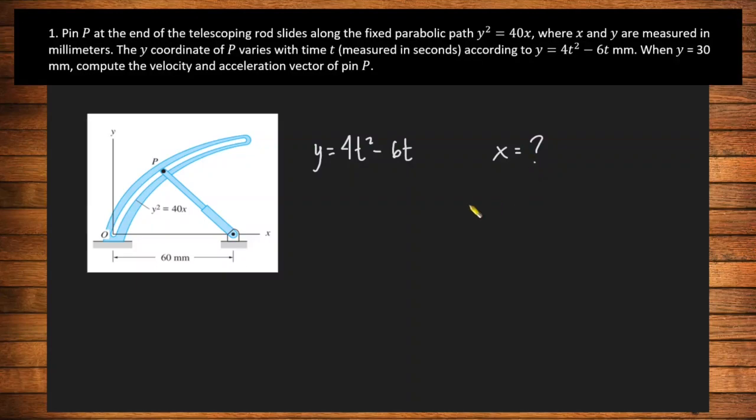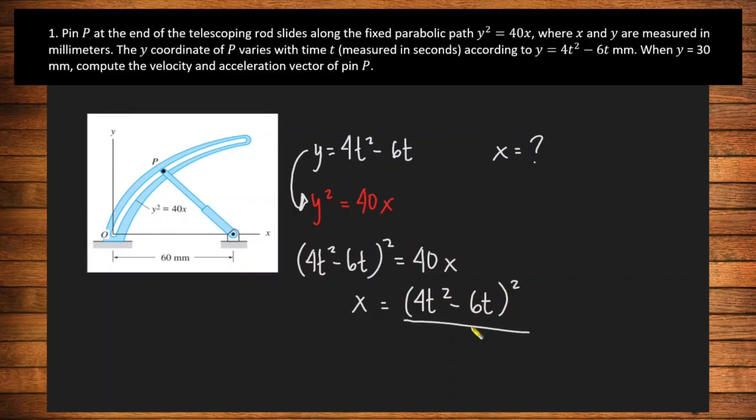Okay, so what we can do is substitute the equation of our y coordinate to the equation of the path. Okay, so isa-substitute natin yung y coordinate natin in terms of time t dito sa parabolic path equation natin. So, y squared equal to 40x. So, that will be 4t squared minus 60 squared equal to 40x.